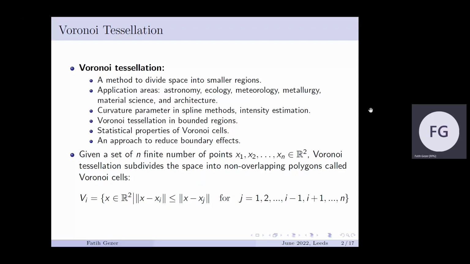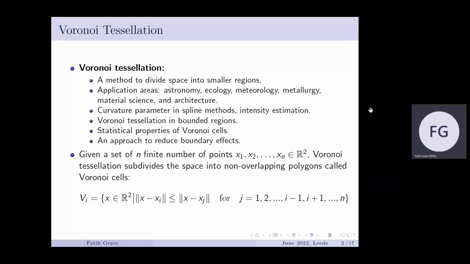So I would like to start my talk with a discussion about the Voronoi tessellation. I would like to give a brief explanation of the Voronoi tessellation. The Voronoi tessellation is a method to divide the space into smaller regions. This space can be in 1, 2, or 3-dimensional spaces, but we are interested in 2-dimensional spaces in this study.